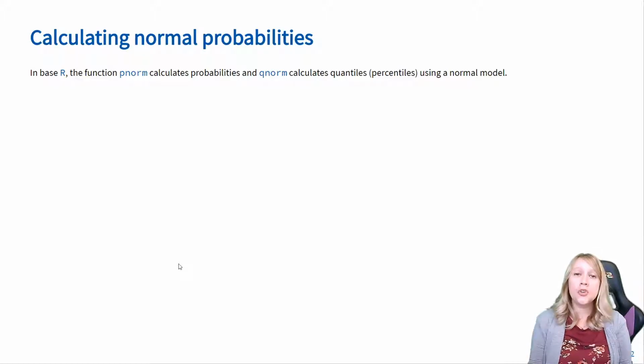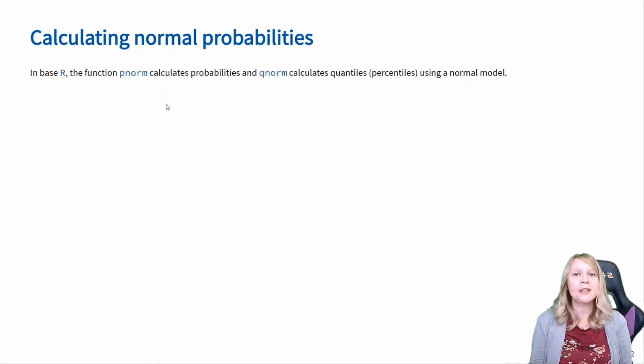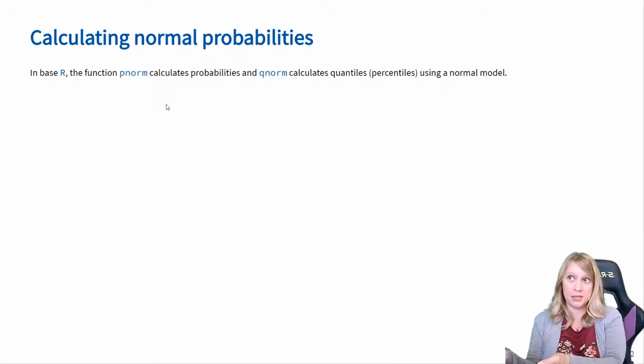Now, there are two functions that we'll typically use. In base R, so R without any extra libraries, the pnorm function calculates probabilities under a normal curve. The qnorm function calculates what are called quantiles or percentiles. So what probability has occurred up to a particular point.